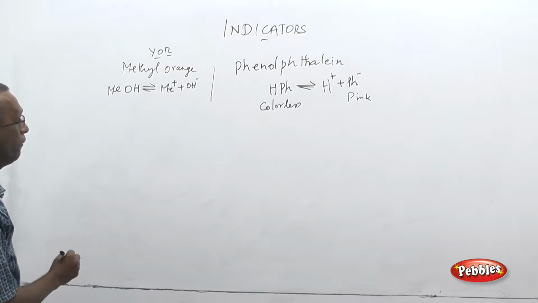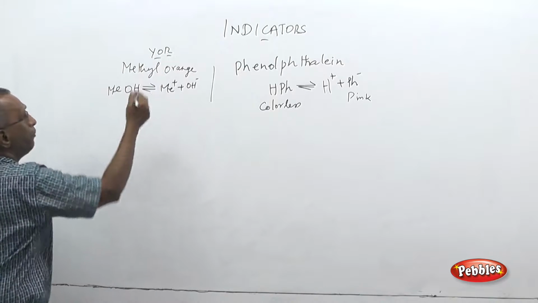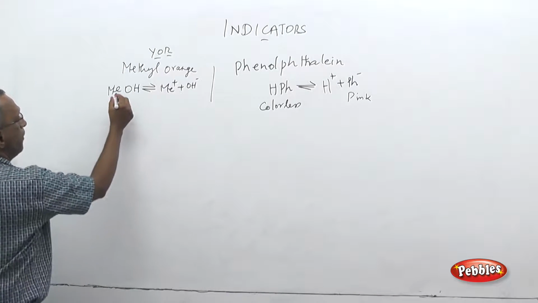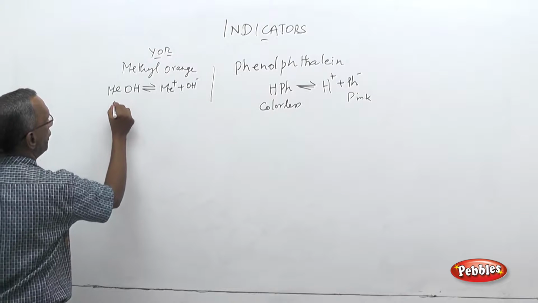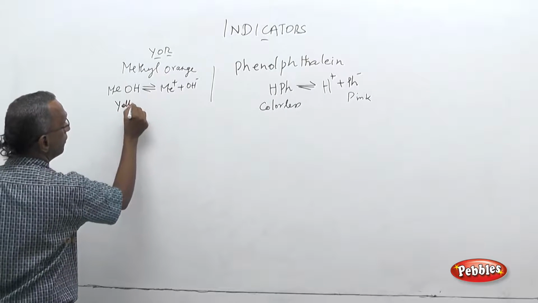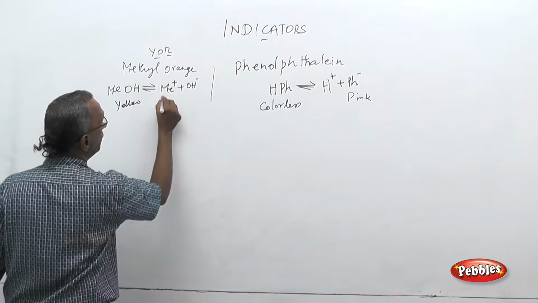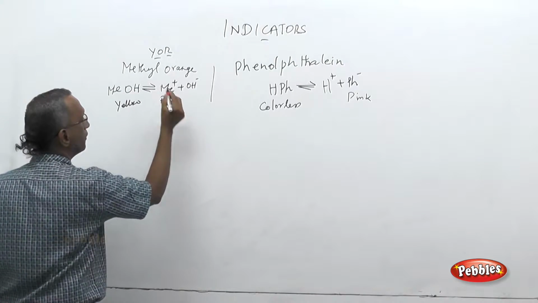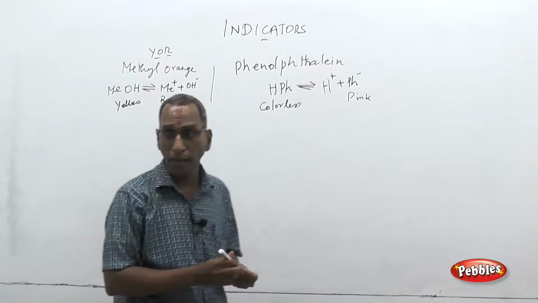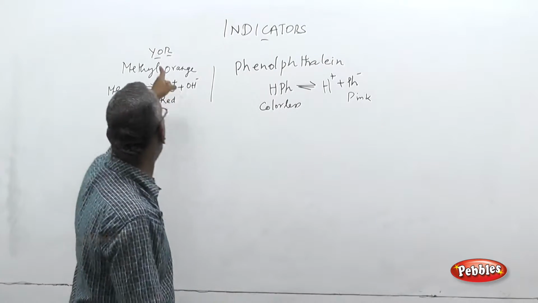In the visible spectrum, it is the intermediate between yellow and red. Actually, methyl orange undissociated form is yellow in color. After dissociation, the cation is red in color. So, it is red in color, yellow in color, the medium color is given.